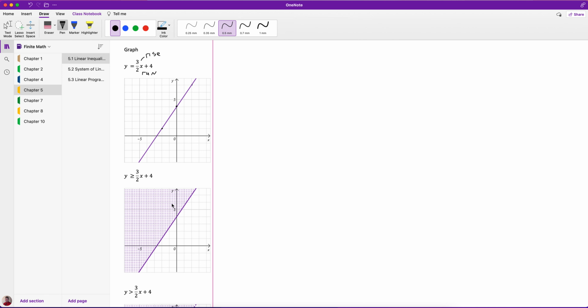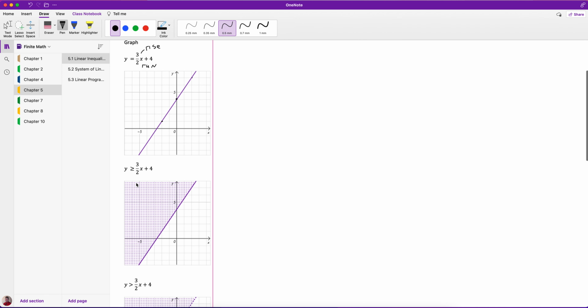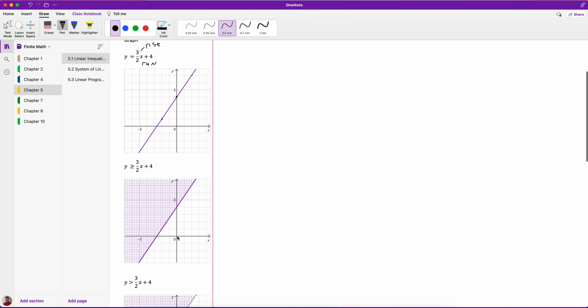When it's an inequality, it could be on the line if it's equal to, or above or below it, depending on what satisfies it. So the way I typically do this is I just pick a point, and I always pick the easiest point to work with, so this point, 0, 0. I know you're looking at the screen and thinking that's outside the shaded region. What I'm trying to show is how to prove where to color.